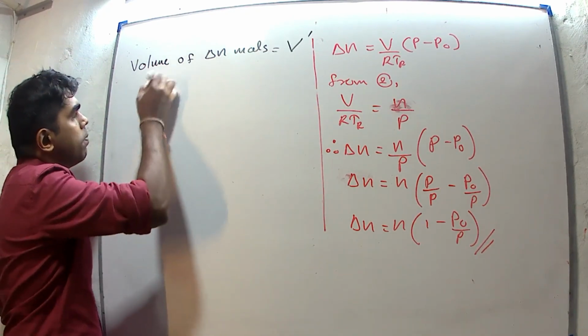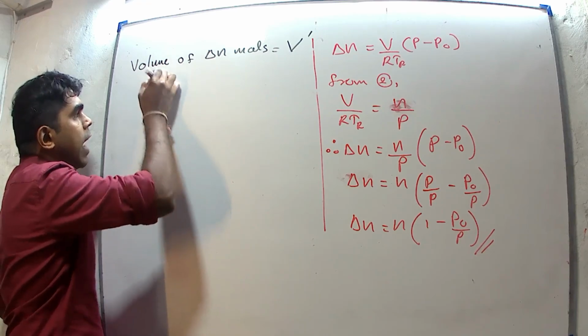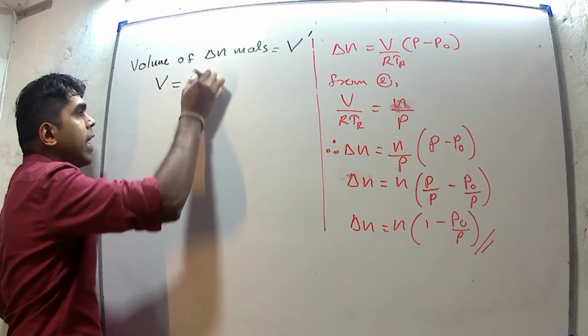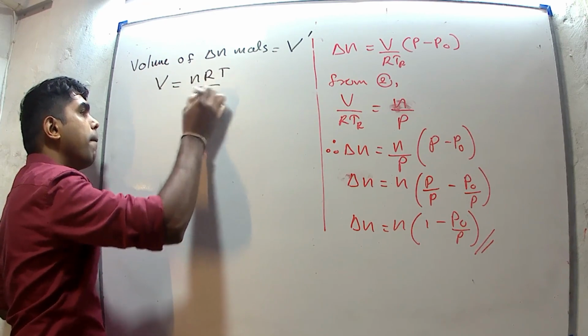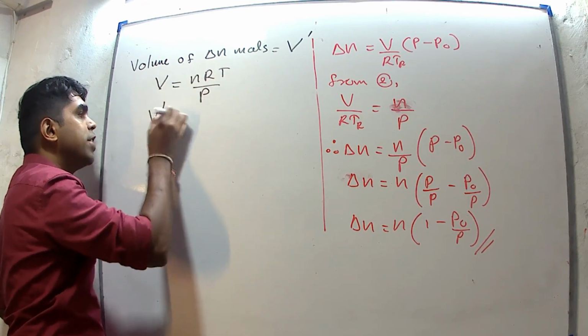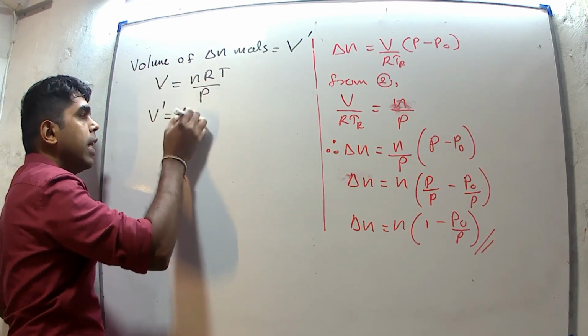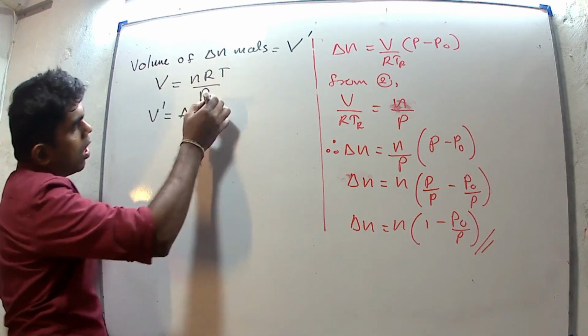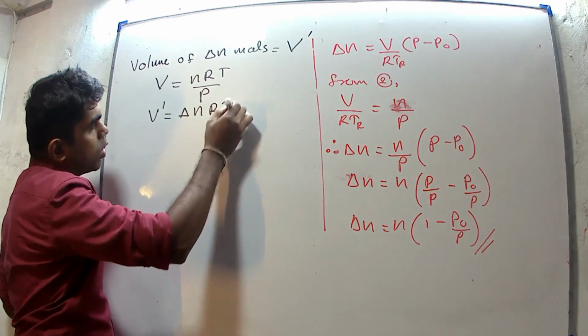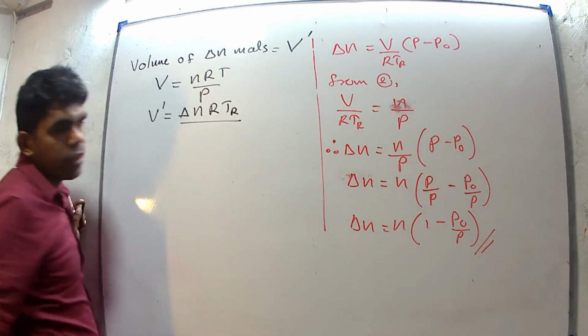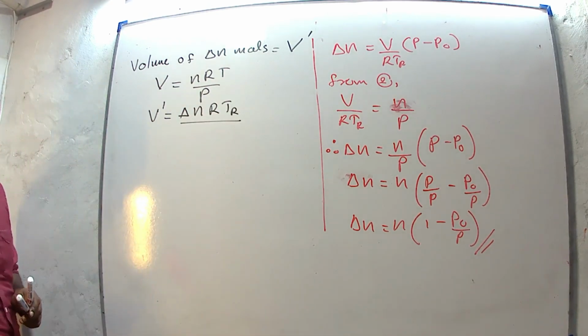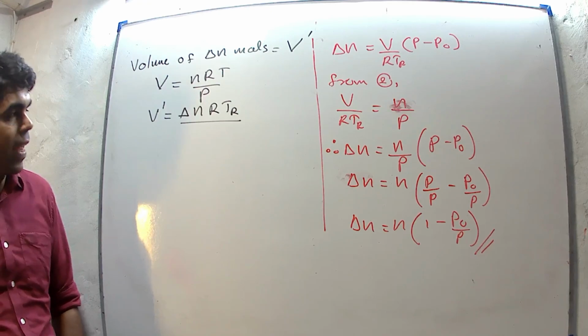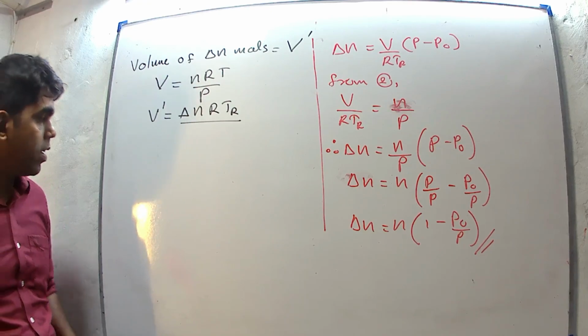Then I will use PV equals nRT, V equals nRT divided by P. V dash equals, in value is delta N, R room temperature divided by pressure of tank, pressure of gas tank.